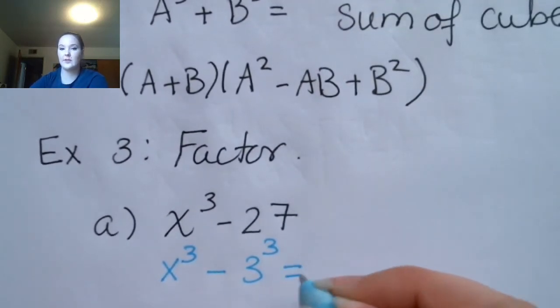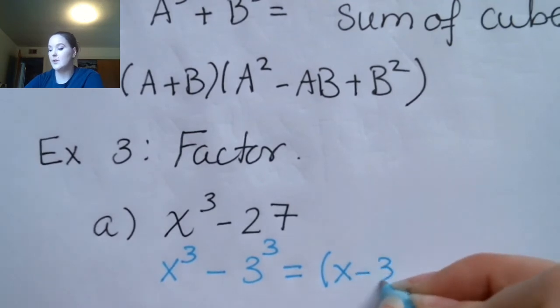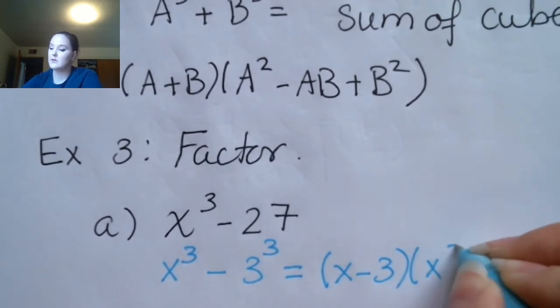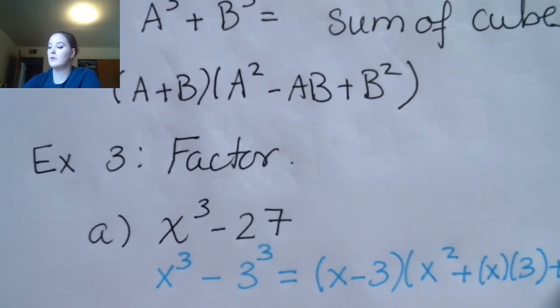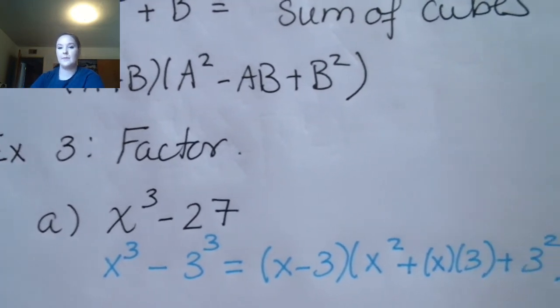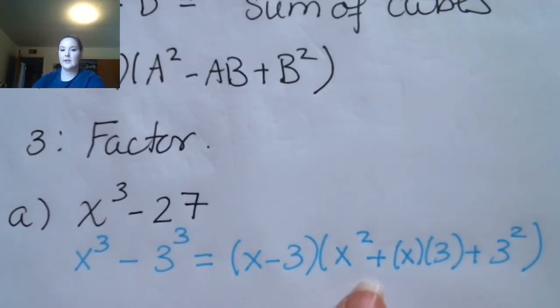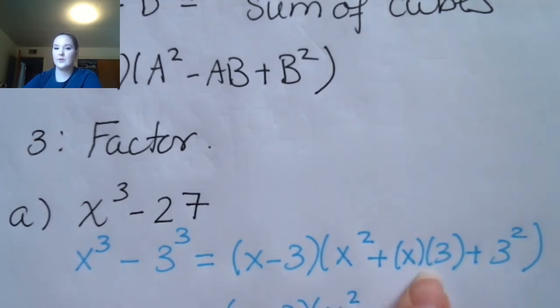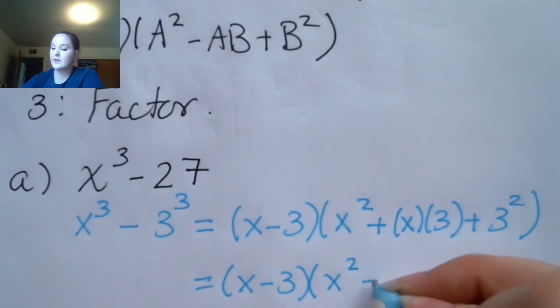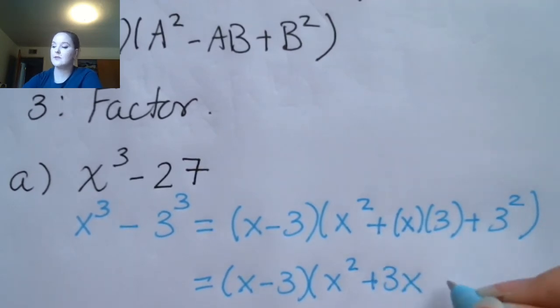This is going to factor as x minus 3 times x squared plus x times 3, plus 3 squared. This is exactly this formula with our a being x and b being 3. The only thing I'm going to do to simplify is to write these terms how we normally would, which is 3x, and to say that 3 squared is 9.